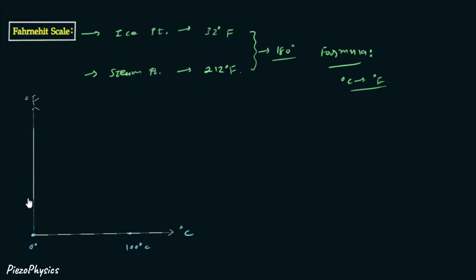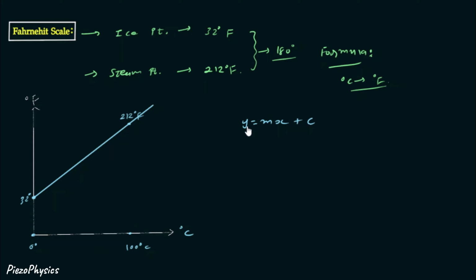And for the Fahrenheit scale the ice point is 32 degrees Fahrenheit while the steam point is 212 degrees Fahrenheit. So our graph will be a straight line starting from 32 degrees Fahrenheit.